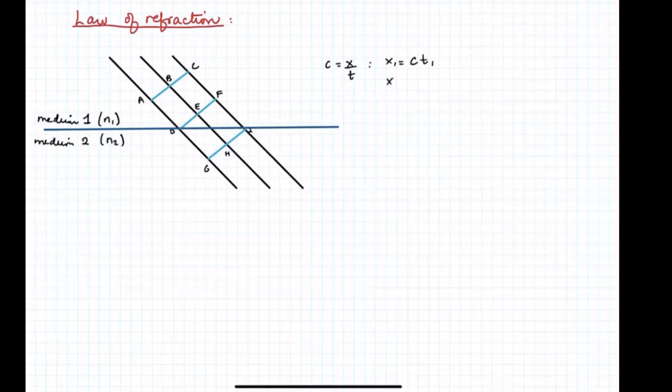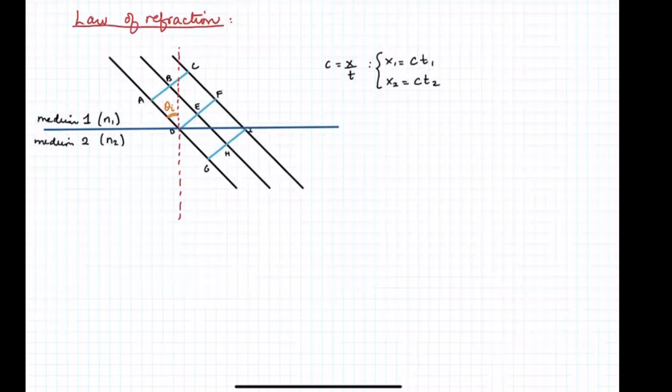And the distance that light travels in medium 2 is CT2. If I draw a normal to the surface here, this becomes my incident angle.